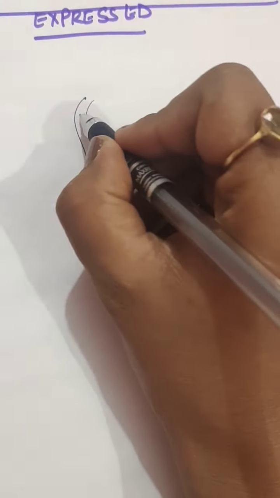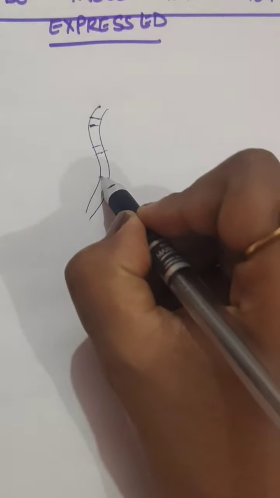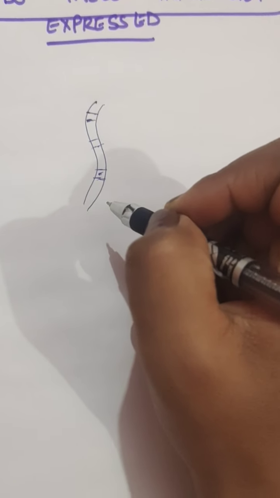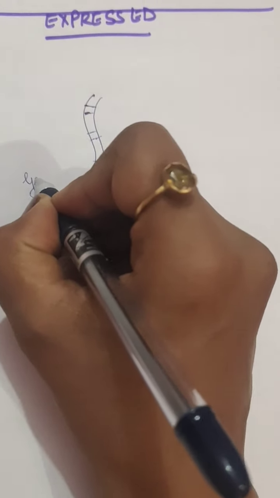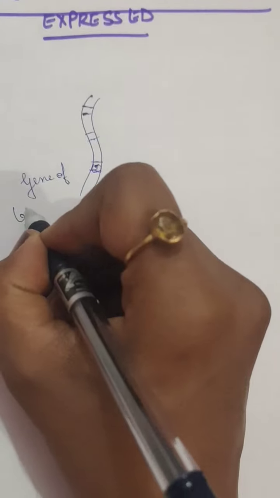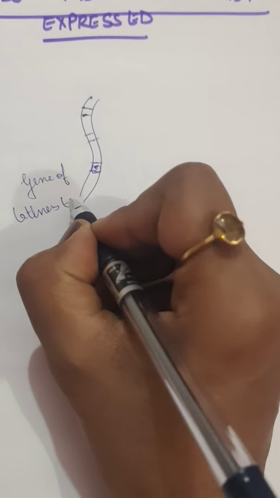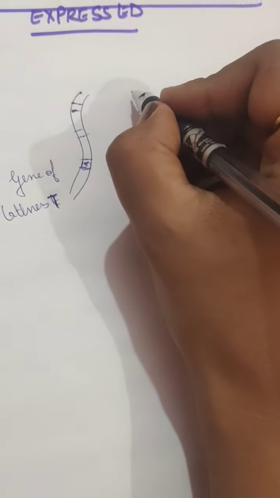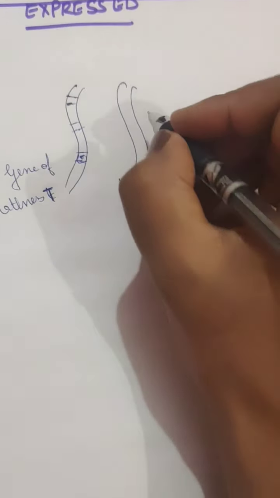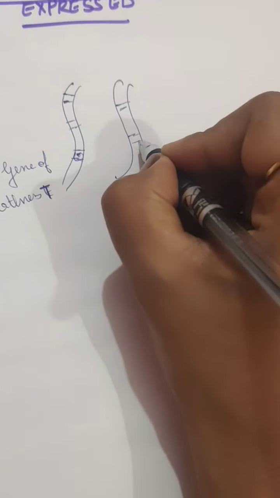Now if you see the chromosomes, in the chromosomes there will be DNA, like a portion of DNA. In the DNA there will be a special sequence for some character, and that we call a gene. So like this is a gene of tallness, T, and the other will have a gene of shortness. There will be many genes.